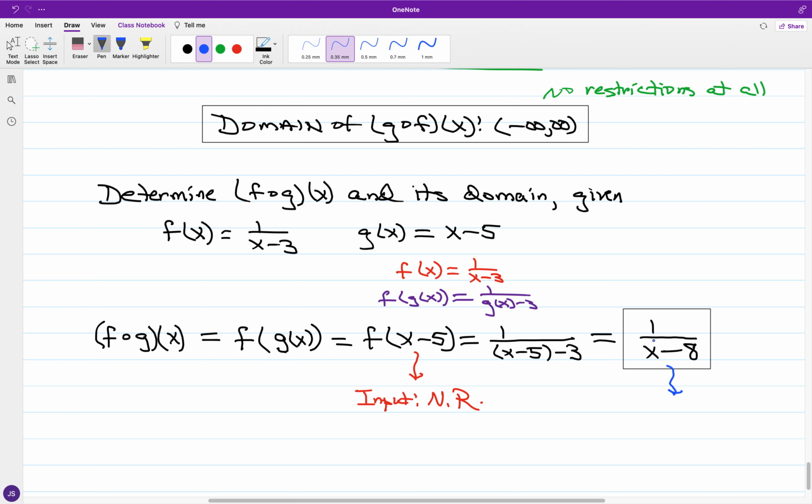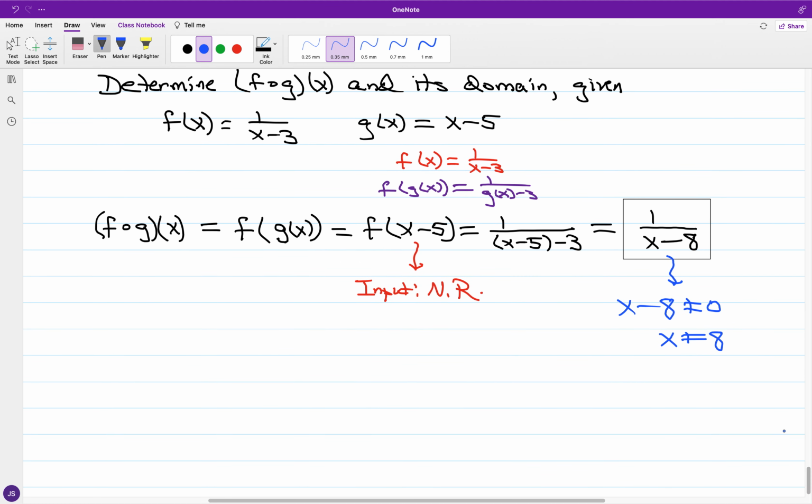And for the final result, you have 1 over x minus 8, and x minus 8 is in the denominator position. The denominator cannot be 0, so x cannot be 8. So the input has no restriction, however the final output disallows 8. So the only restriction between the input and the final result is that x cannot be equal to 8.